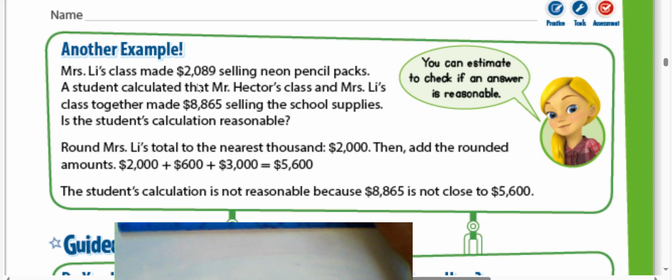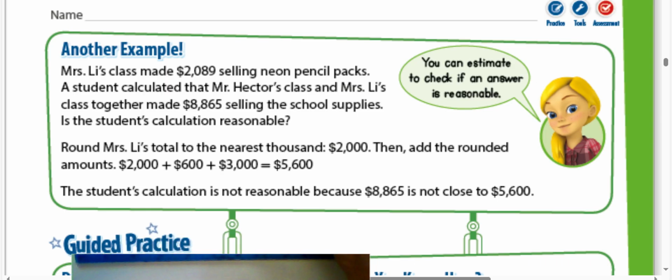Miss Lee's class made 2089 selling neon pencils. In the example solving here, you can find the result by estimation. This number rounds to 2000, and 1865 rounds to 9000. Okay, we can approximate the result.